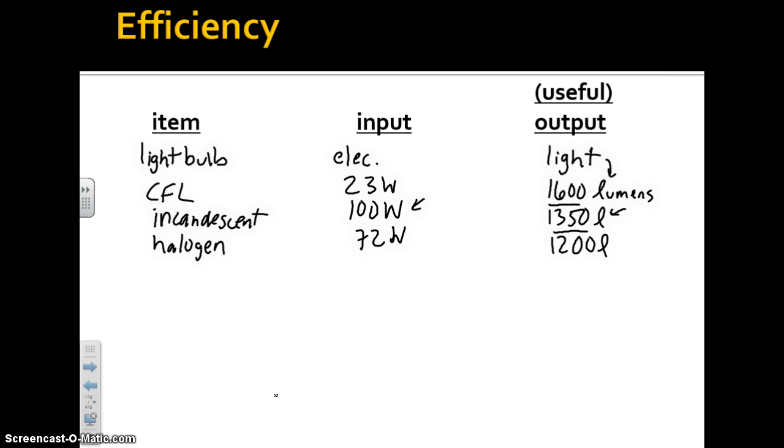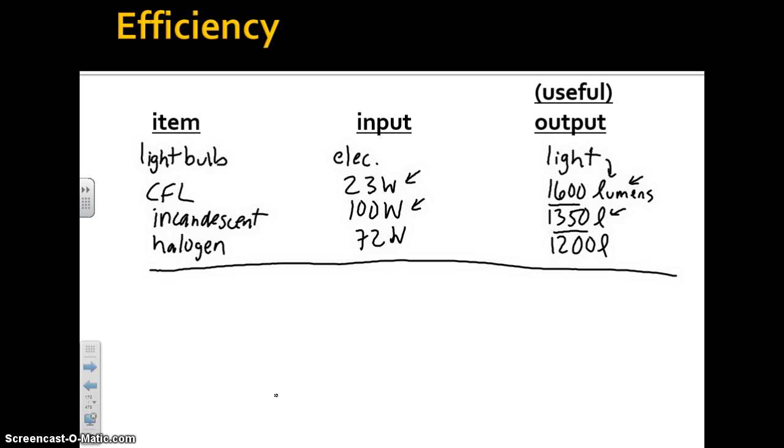So you can see here that with the CFL you are using the lowest input, and actually you're getting the most output out of all three of these choices. So that's what efficiency means. You are reducing your input and you're getting more or better output.